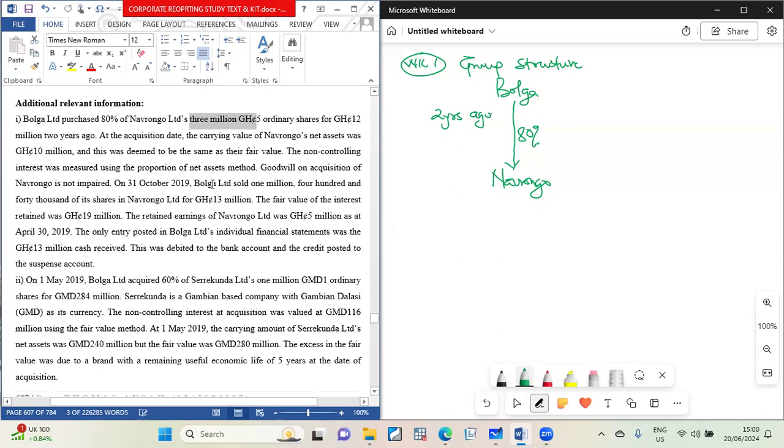Now, so let's work something small here. We are told that he disposed 1,440,000 shares.